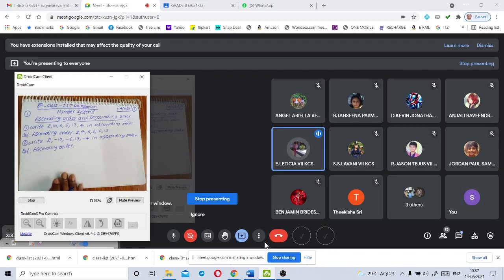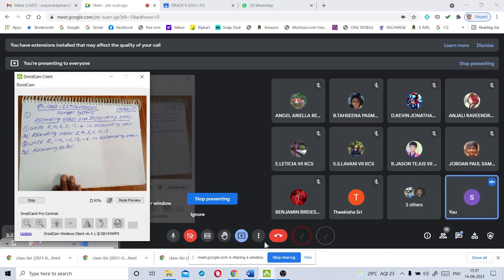Minus 4, 2, 13, minus 4, minus 6, minus 10. Is it correct? My dear Lavani, she told the numbers in the ascending order. Have you heard her answer? Leticia told the ascending order of these numbers. Is it the right answer?